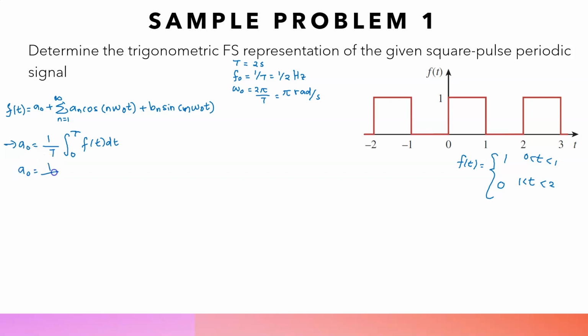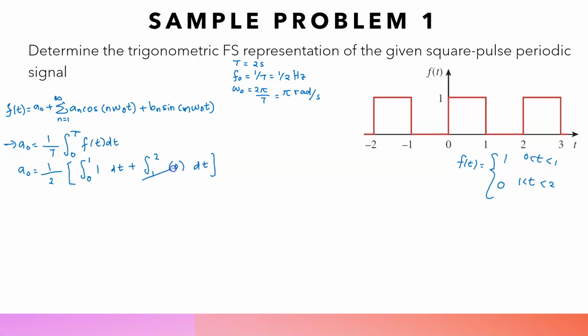If I take this range and substitute, a0 equals 1 over T, which is 2, then integration from 0 to 1 second, where f of t is 1, dt, plus from 1 to 2, where f of t is 0.